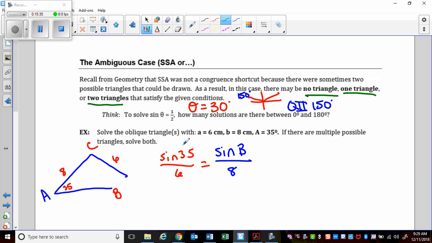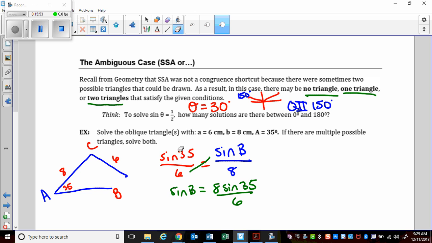What I'm going to do is cross multiply. So I have 6 times sine of B equals 8 times sine of 35. Divide by 6. Sine of B equals 8 times sine of 35 over 6.